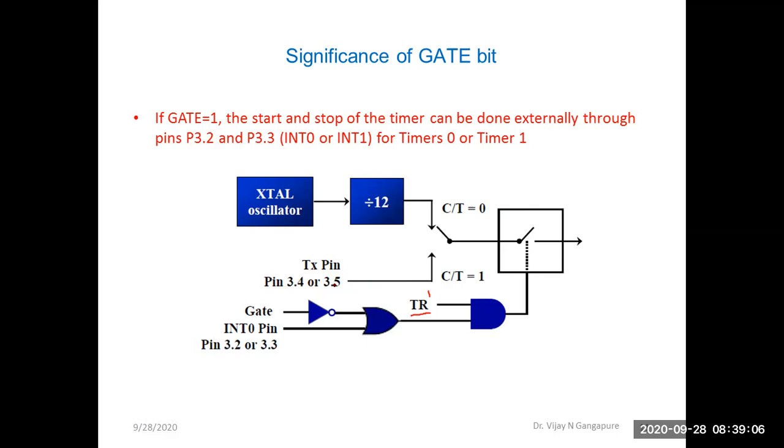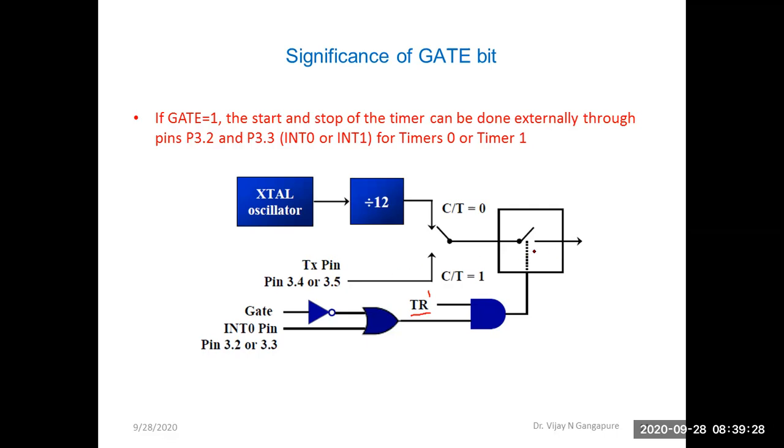For timer 1 it is the T1 pin, port 3 pin 5, that is pin 3.5.